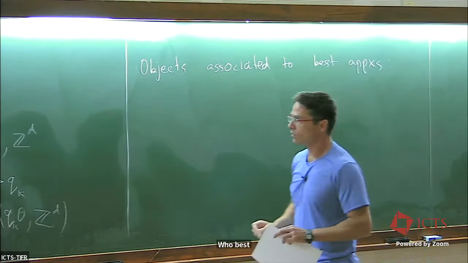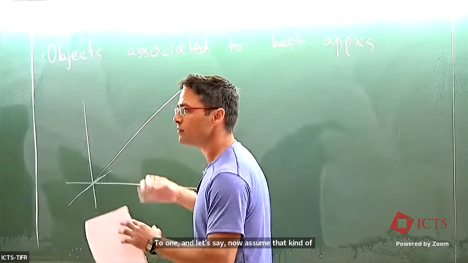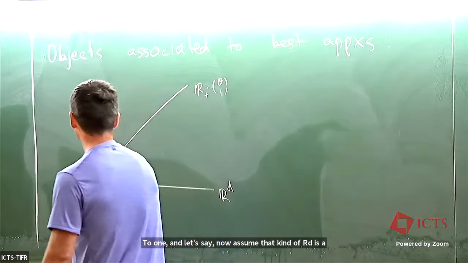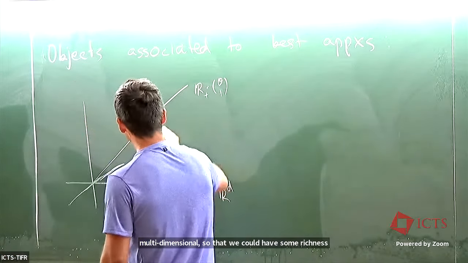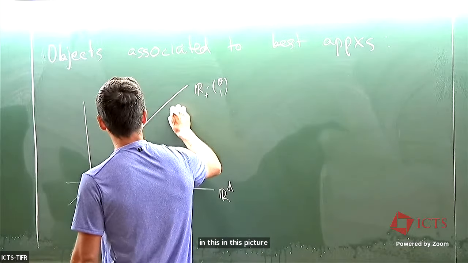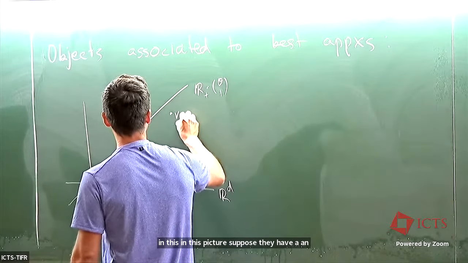So the first thing that I want to do is maybe again draw this. This is my horizontal R^d, and this is my direction R_+ times (theta, 1). Let's say now assume that R^d is multidimensional, so that we could have some richness in this picture. Suppose I have an approximation v_k.